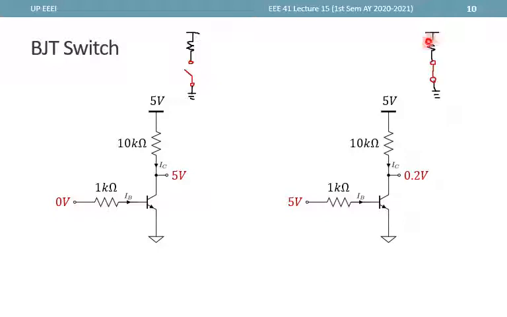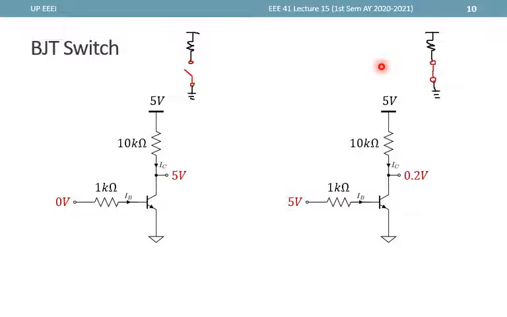So NPNs, when used as a switch, are normally at the lower portion of the circuit. However, PNPs, when used as a switch, are normally on the upper portion of the circuit near the supply.